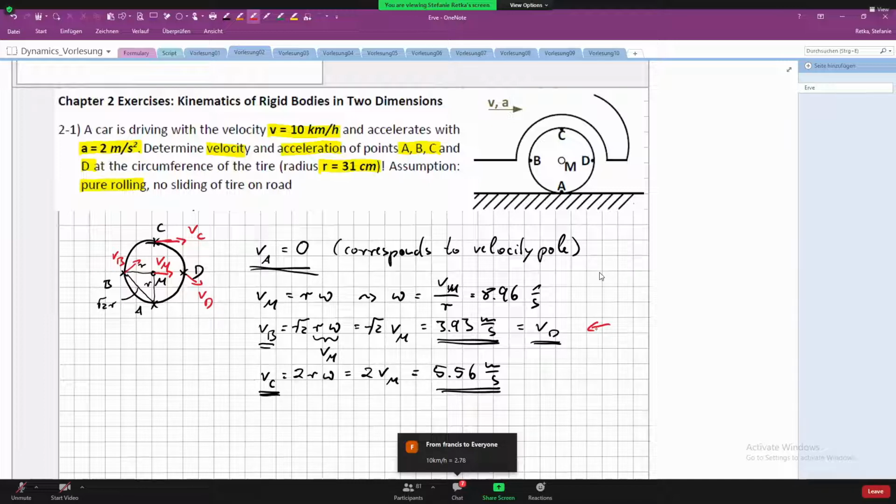Okay, but now, as we already discussed, we are only able to compute the velocities using the velocity pole. For the acceleration, we have to use our standard approach. So here we have to compute the components, translational and rotational components.